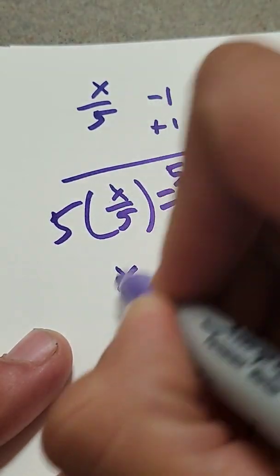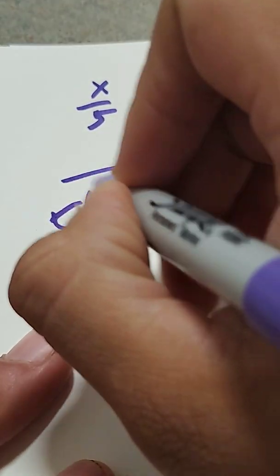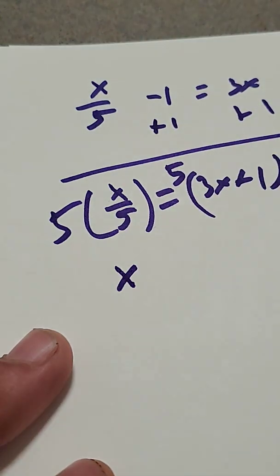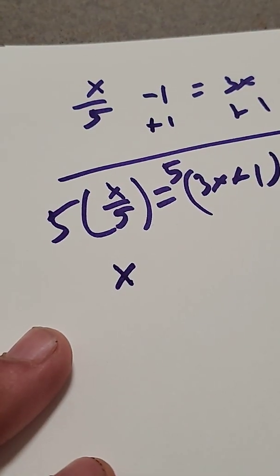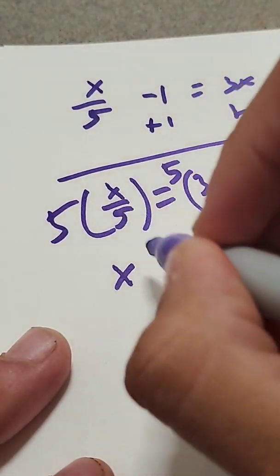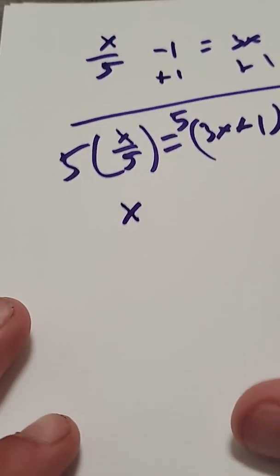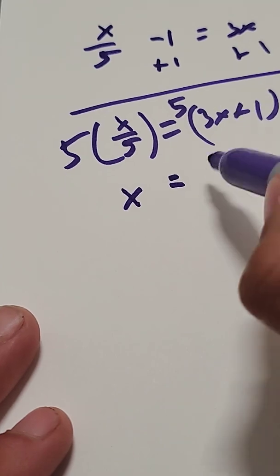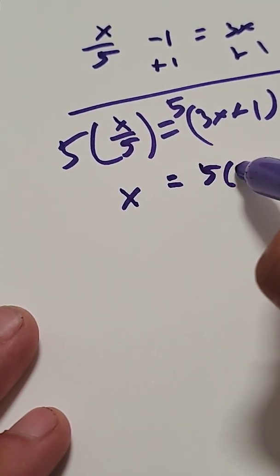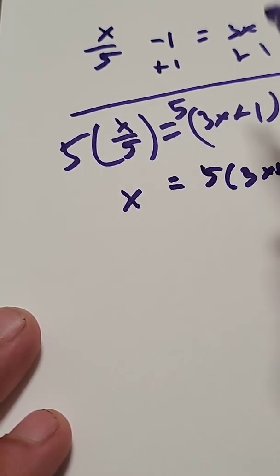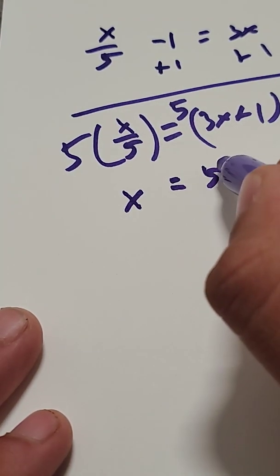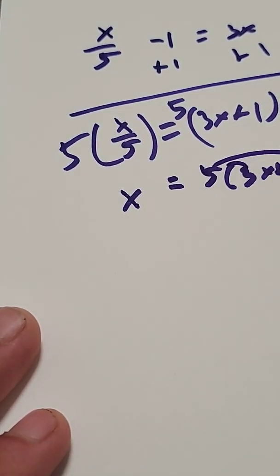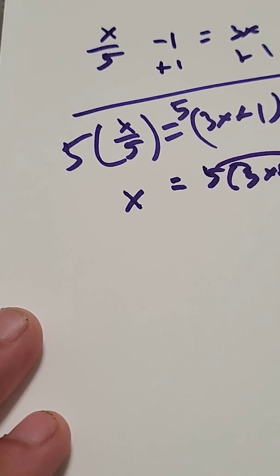All right, so that gives us x. This is the same as 1/5 x. So 5 times 1/5 is 1, by the inverse property. And then we have 5 times 3x plus 1. By the distributive property, we're allowed to distribute this 5 to each term.